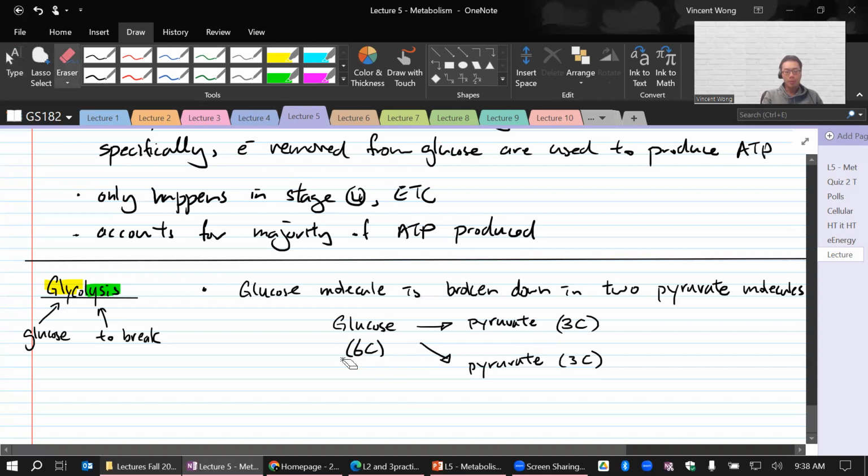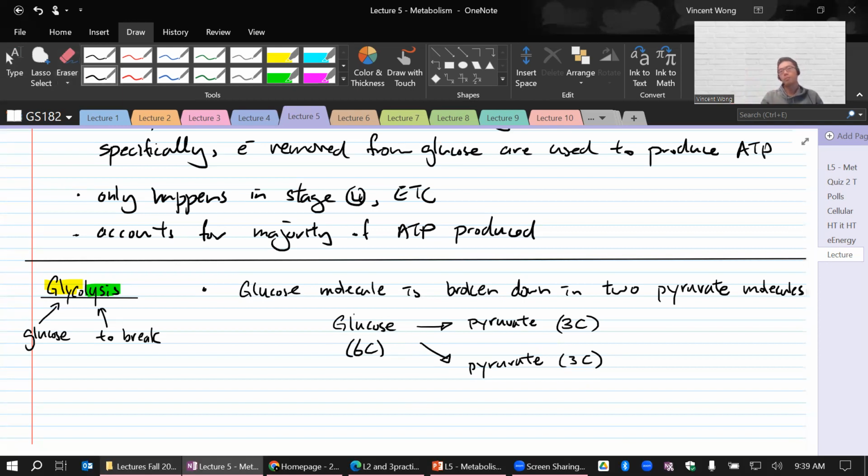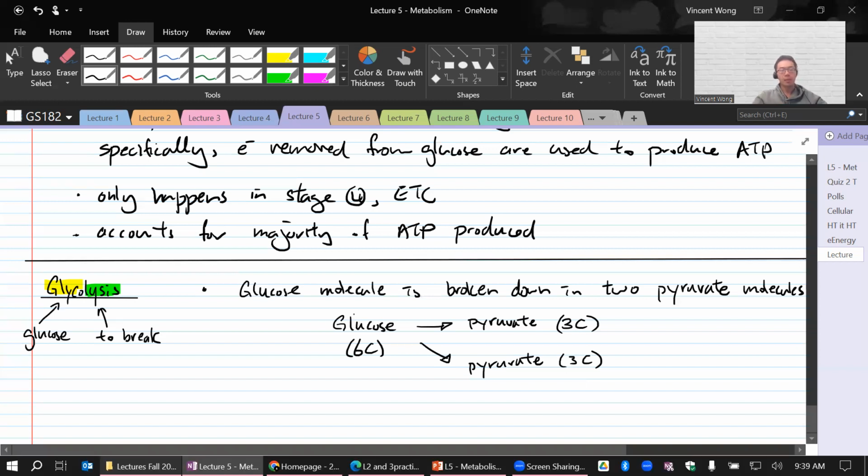All of the carbon atoms in glucose will ultimately end up in what molecule? That's okay.